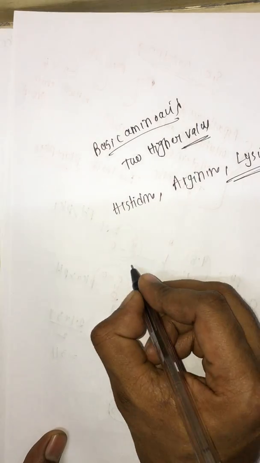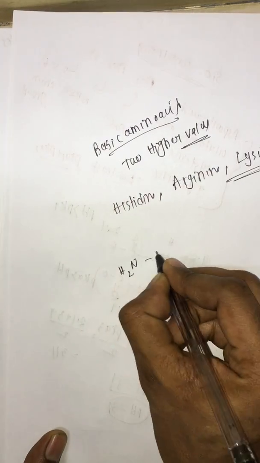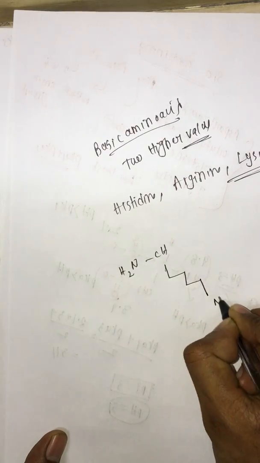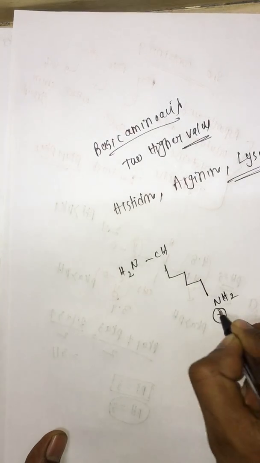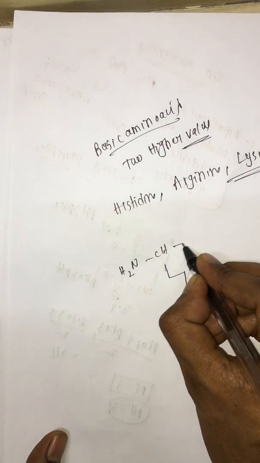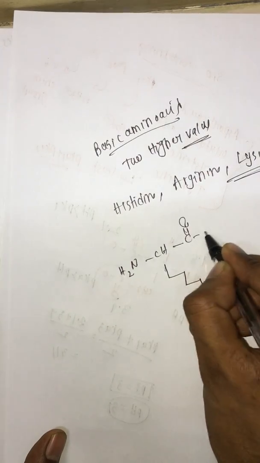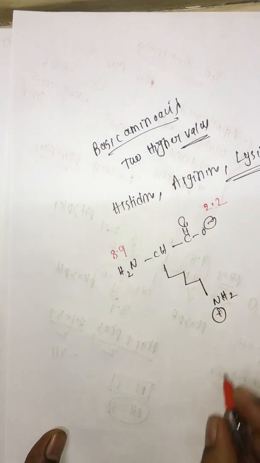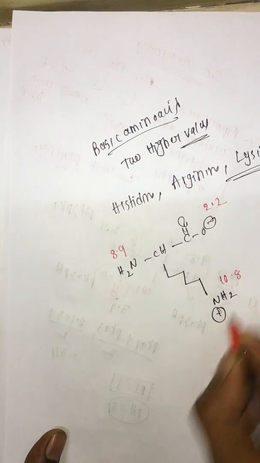Here we have NH2, CH, NH2 plus, CO minus. This pKa is 8.9, this pKa is 2.2, this pKa is 10.8.